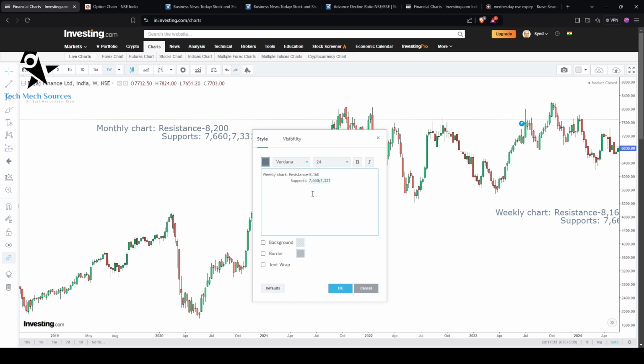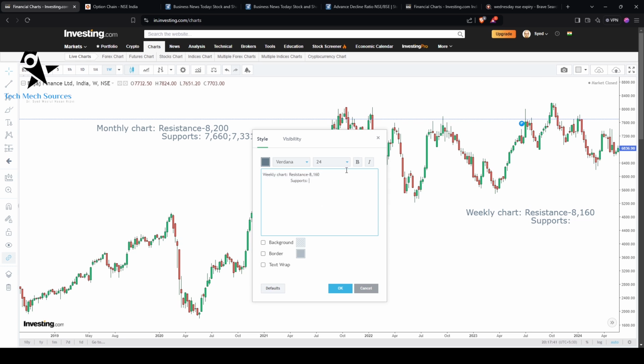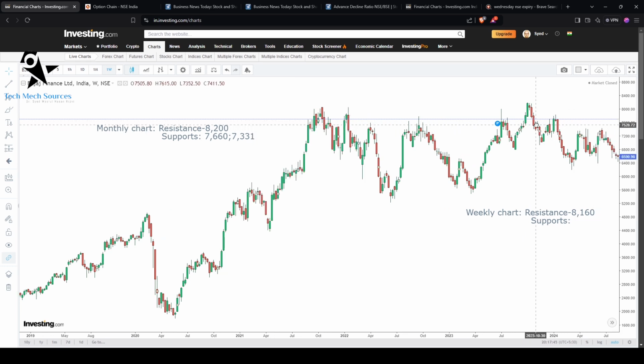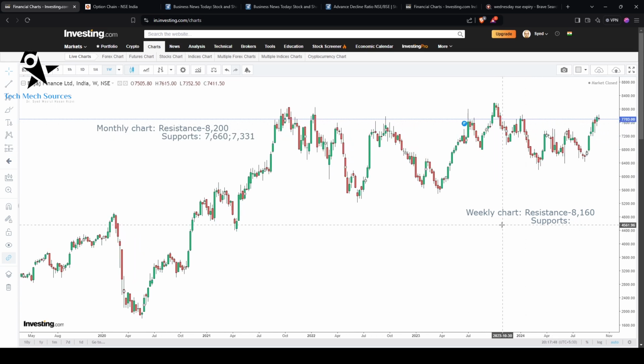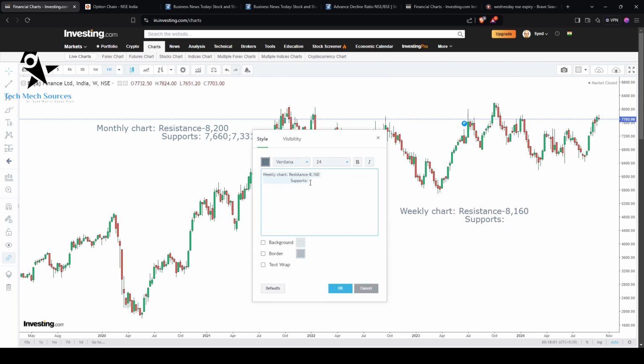And the supports, as we can see here, the supports for the weekly chart. The first support is 7,790, 7,800 is the support, and it's a big support.